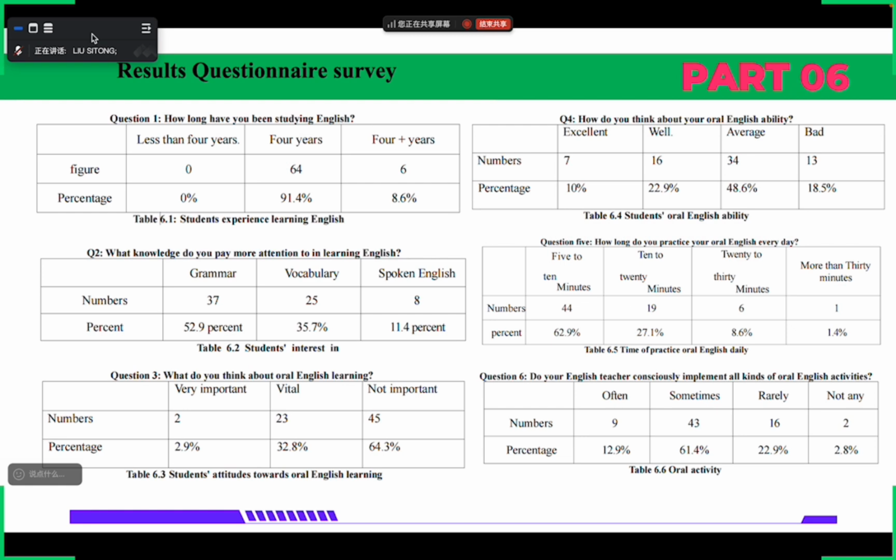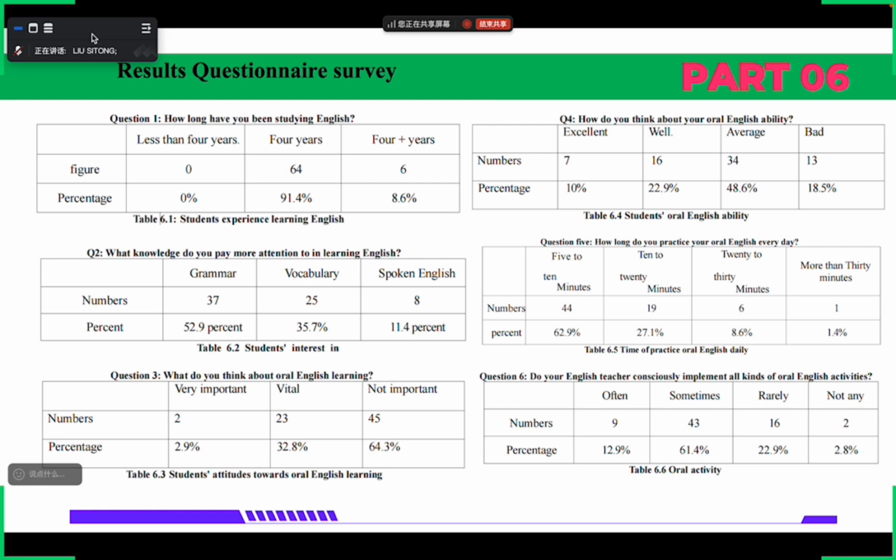And for preferred classroom activities, in my research, 32.9% of students feared making mistakes, and 31.4% lacked confidence in speaking. 37.2% preferred group tasks, and 27.1% enjoyed role playing, and only 1.4% liked the reciting tests.